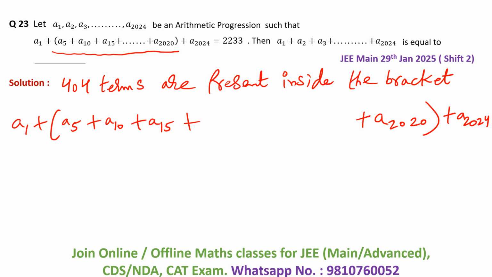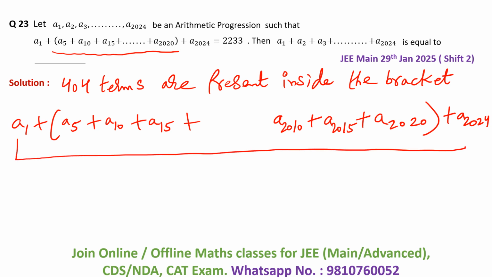Now just before A2020, we will have A2015, and before A2015, we will have A2010. Now you have to notice one very important pattern that is being formed in this sum, and that is A1 and A2024 are the first and last terms of the AP.